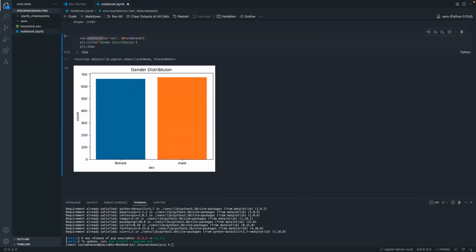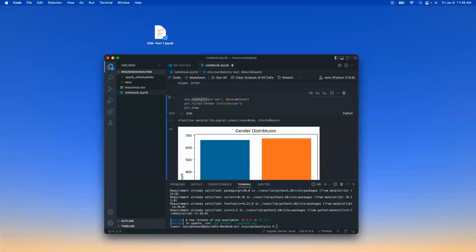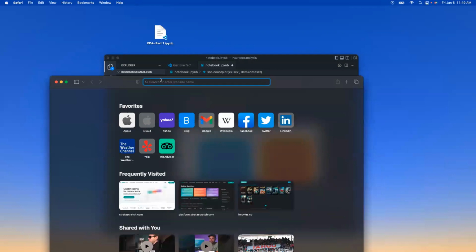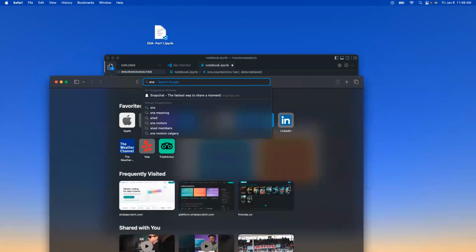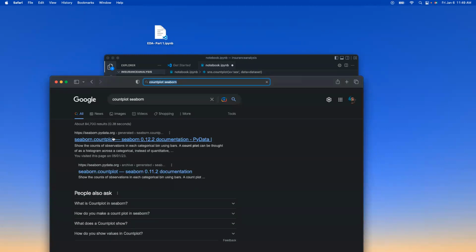Whenever you run into any issues, you can just look up on the internet what your features do. Here we are checking count plot in Seaborn, so we will search for count plot Seaborn and see how it works.